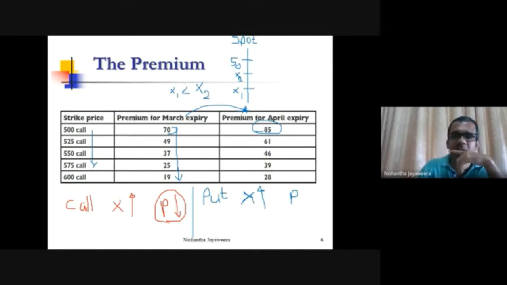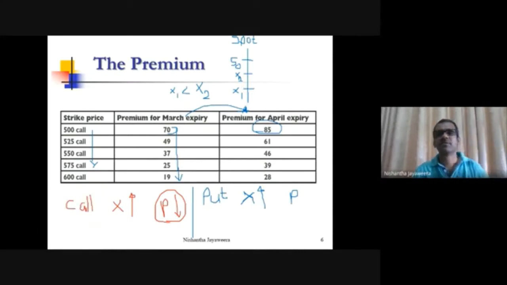Now tell me what would happen when strike price increases for a put option. When do you exercise the put option if you are a buyer? When do you exercise your put option if you are a buyer of the put option?